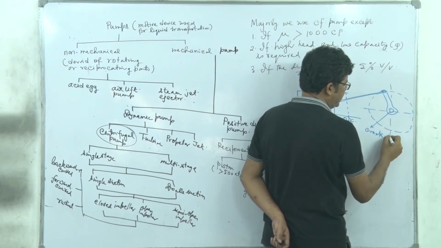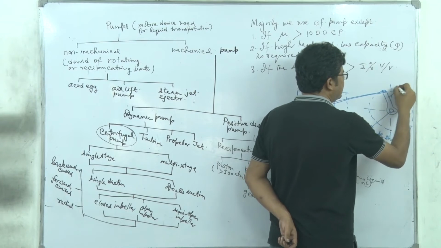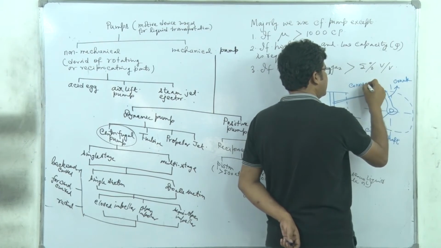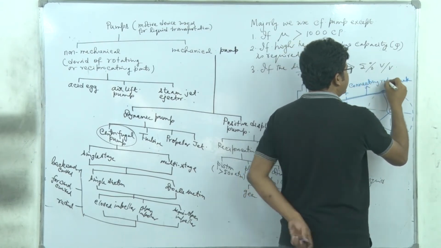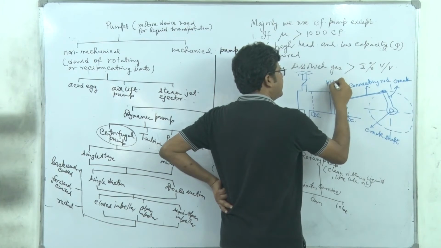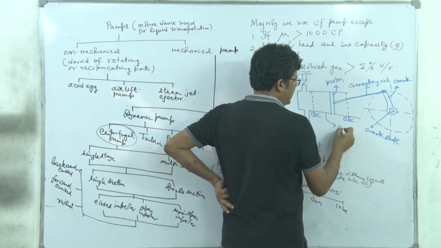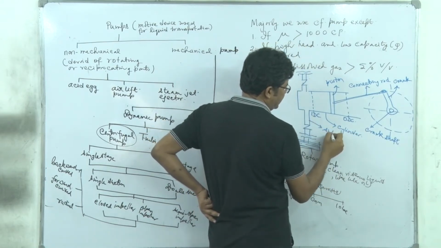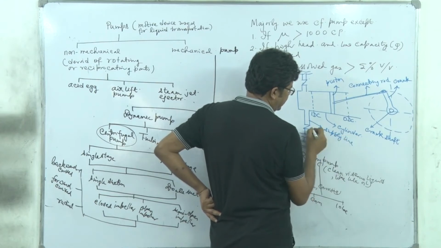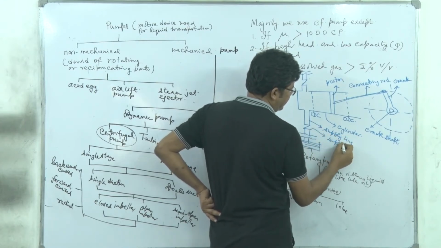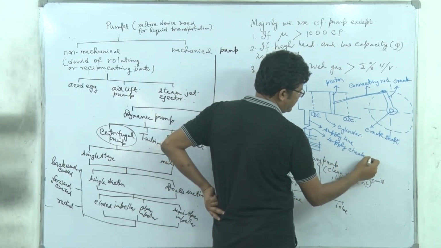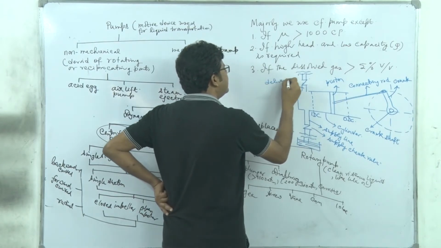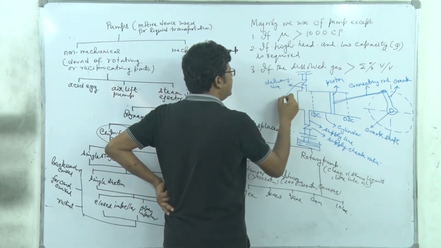This is the crankshaft, this is the crank, this is the connecting rod, this is the piston, here we have the cylinder, supply line, this is the supply check valve, delivery line, and this is the delivery check valve.